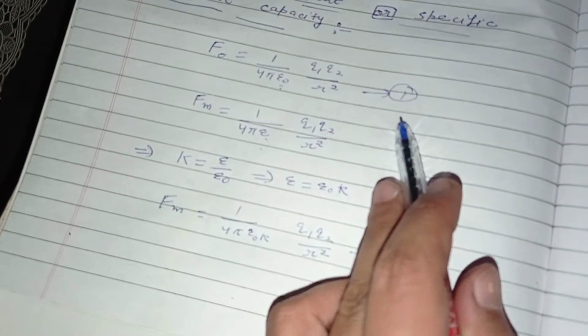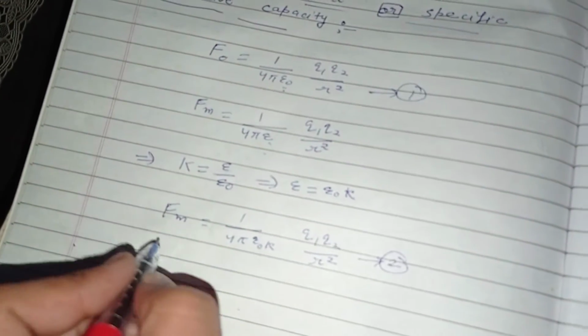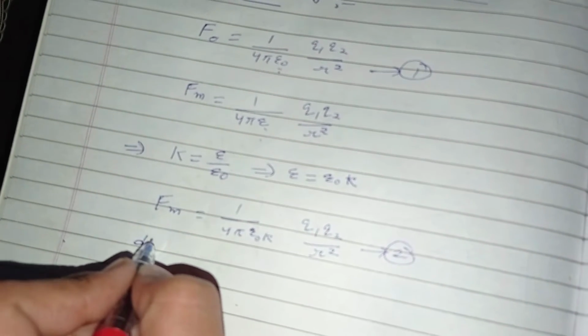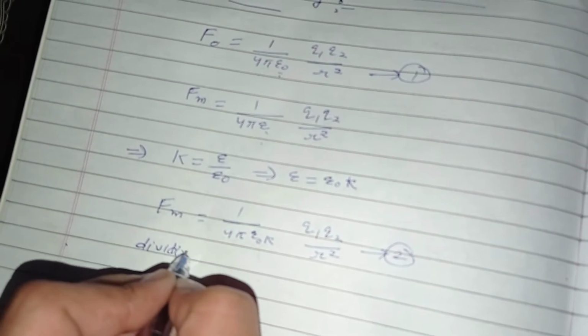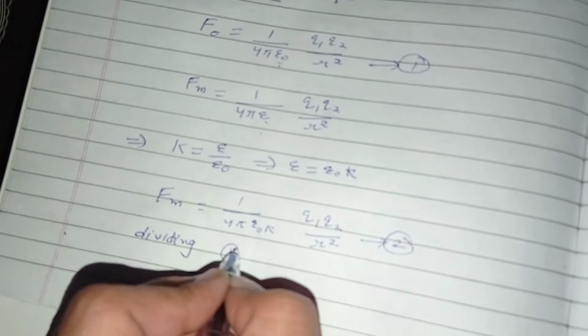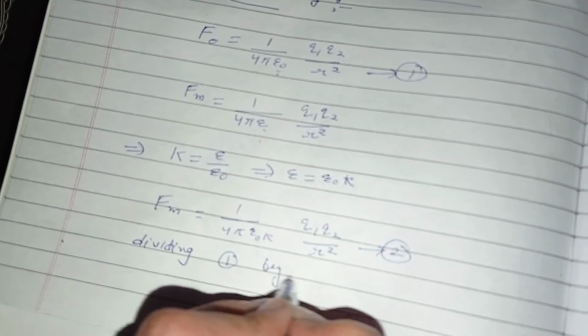Now divide equation 1 by 2. We get F naught over Fm.